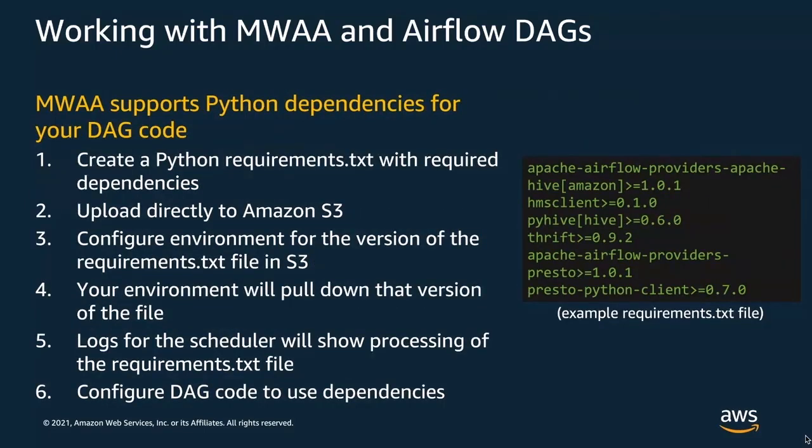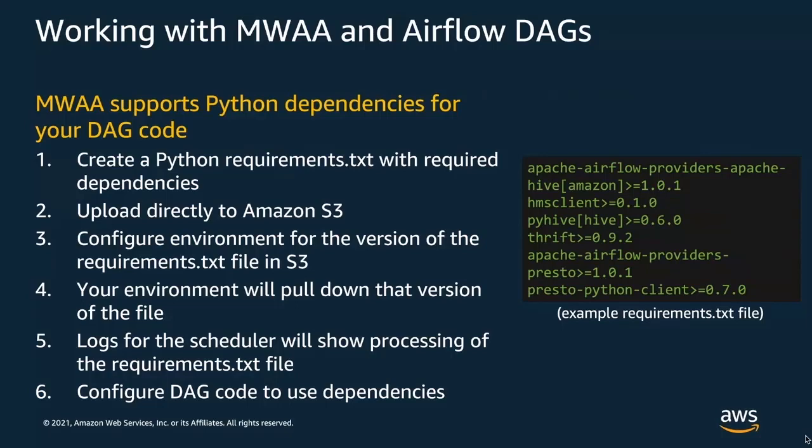Similarly, we support the ability for you to include Python packages. This is using the standard Python requirements.txt file that's going to pull in packages from providers for Python packages. As you see here on the right, it's a standard example; if you know Python, it's the same kind of thing you'd be doing for Python code that might exist anywhere.